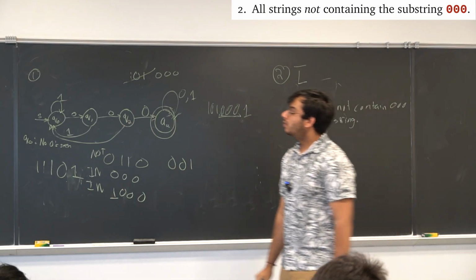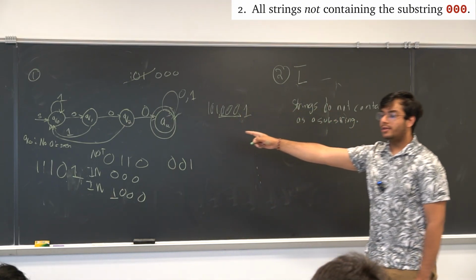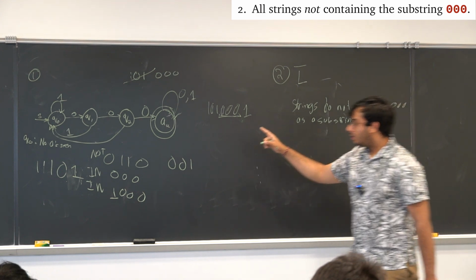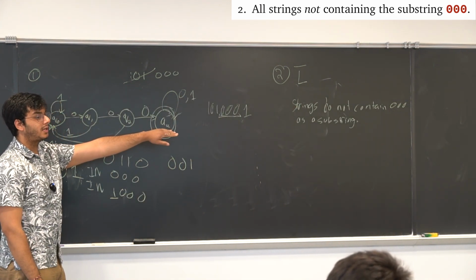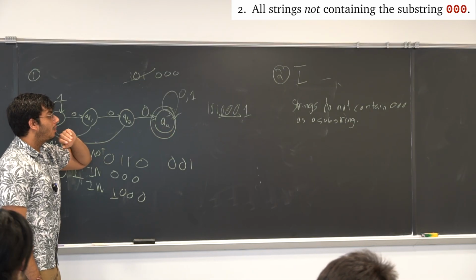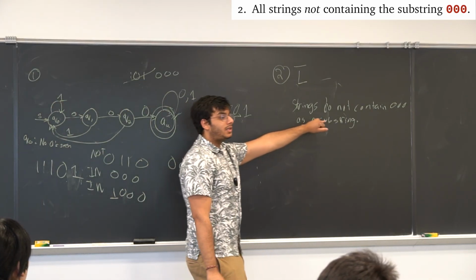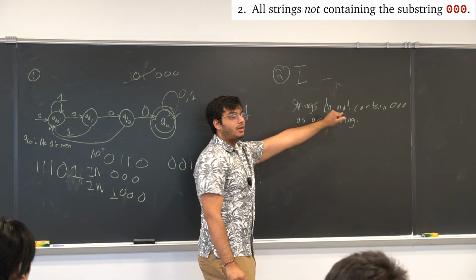Okay, so we have a DFA here that tells us when strings are in the language or not in the language. So we can try explicitly constructing this. Essentially, what would happen is anytime I see 0, 0, 0, I would need to go to a reject state.